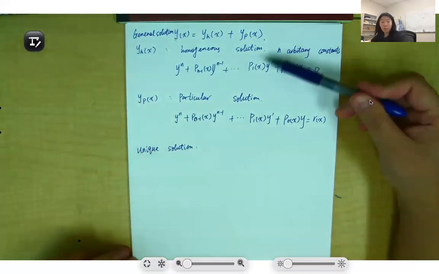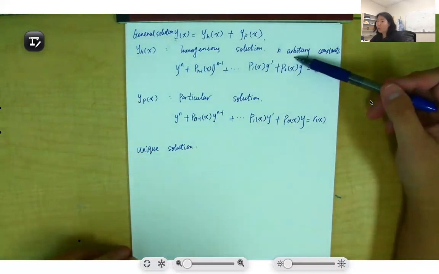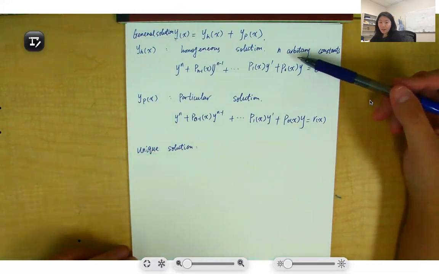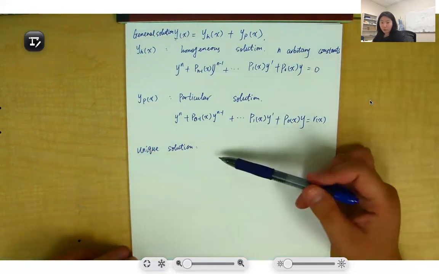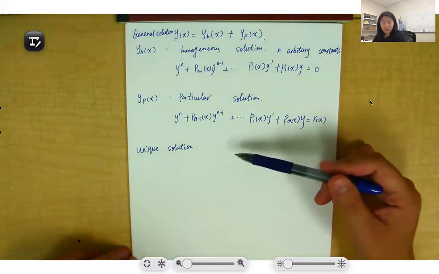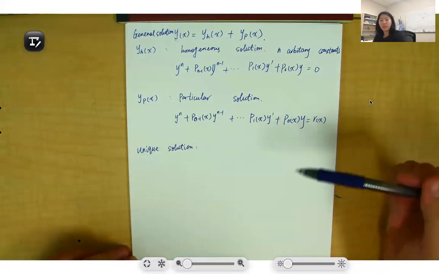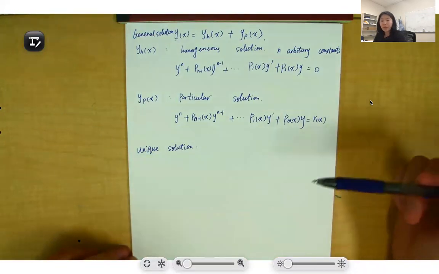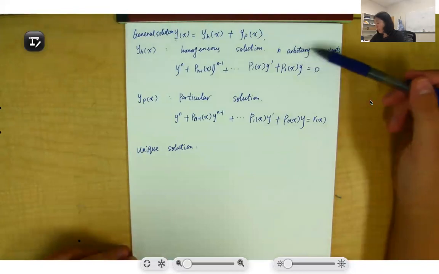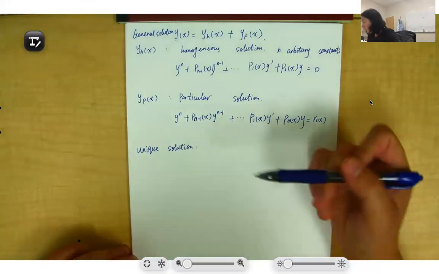For the homogeneous solution, you will get this arbitrary constant. You don't know what that constant is. To generate the unique solution, you will apply different conditions, whether that is initial value problem conditions or boundary value conditions. You can determine those arbitrary constants by using those conditions to get these unique solutions.